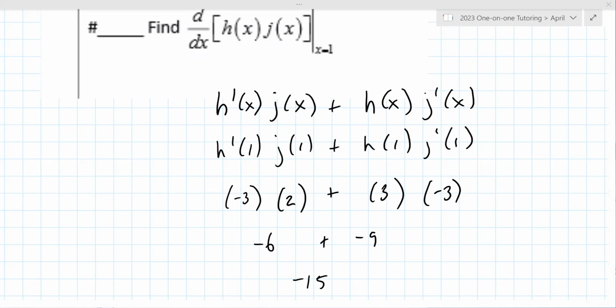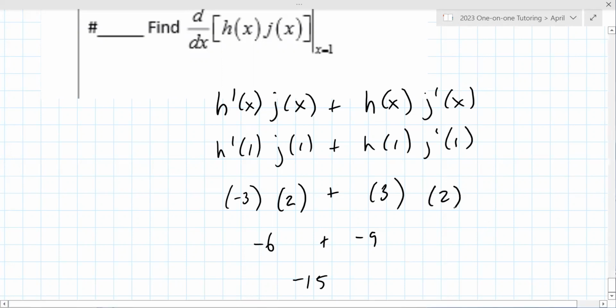That's right. J of 1 is the red, which is 2. H of 1 is 3. J prime of 1 is, okay, so I believe the mistake is J prime of 1 is +2. That's the mistake there. So this ends up being 0.